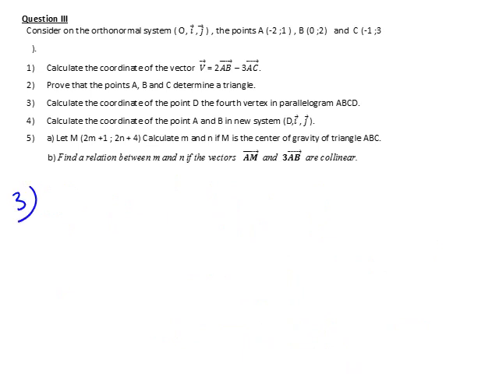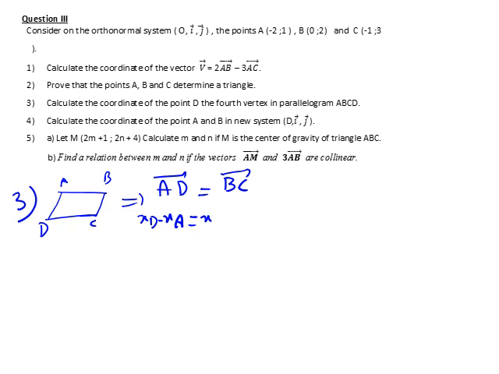3. Calculate the coordinates of the fourth vertex of ABCD. If ABCD is a parallelogram, then vector AD equal to vector BC. XD minus XA equal XC minus XB. XD minus XA is 2, XC minus 1 minus XB 0. XD equal minus 1 minus 2, XD equal minus 3.